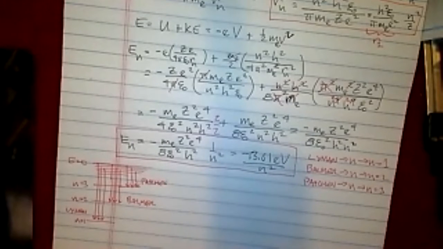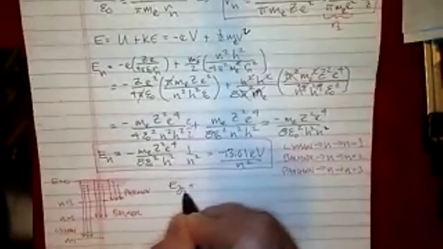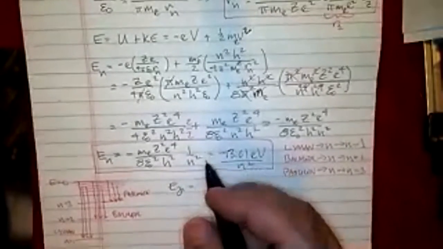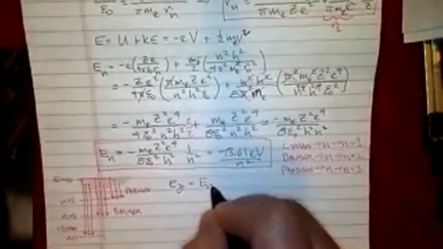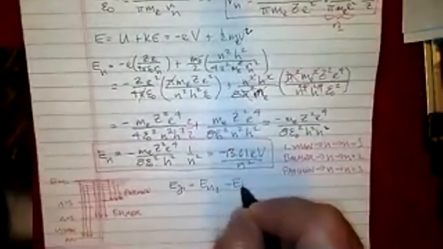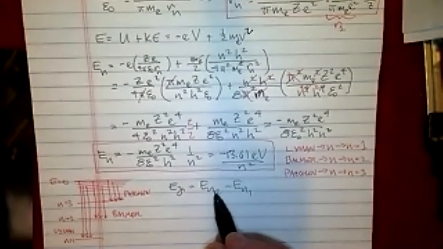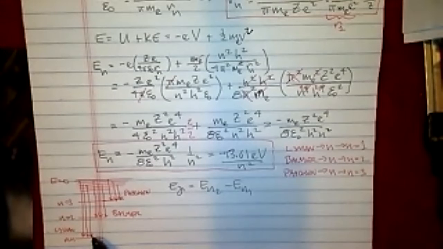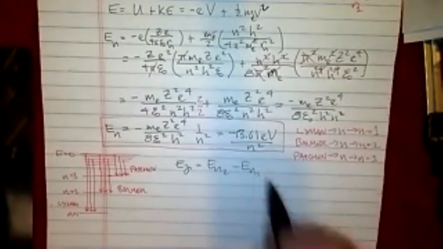If we decide to consider what the changes in energy are, we might say that the energy of a particular photon, let's say E sub gamma, the symbol for a photon, is equal to E n2 minus E n1. What I mean by that is this is the final n value, so n equals 1, for instance, for the Lyman series, or n equal 2 for the Balmer series, and this is whatever it started on.